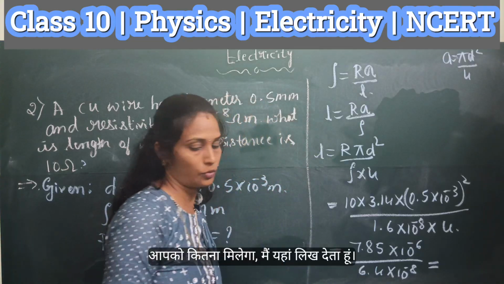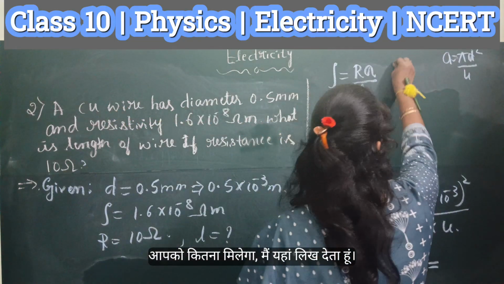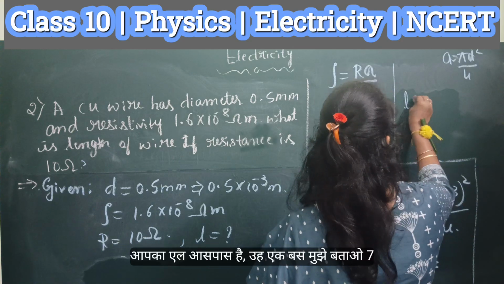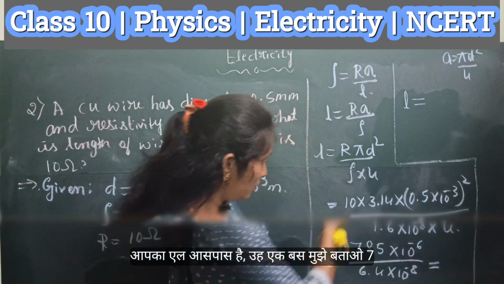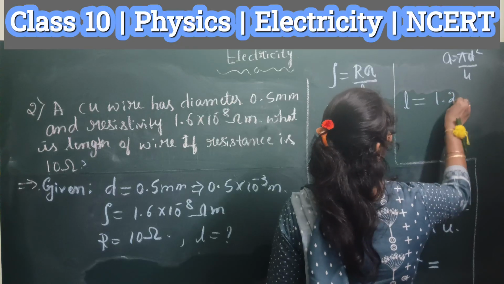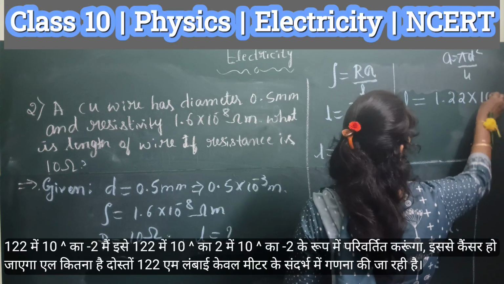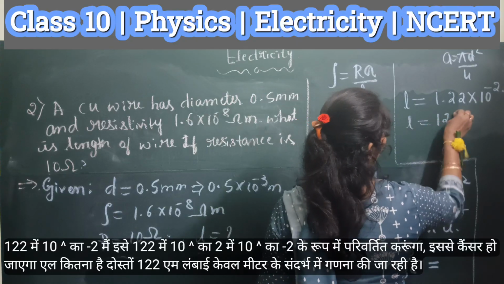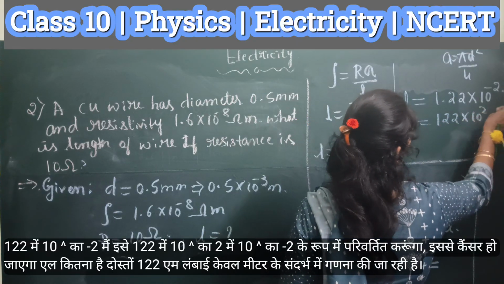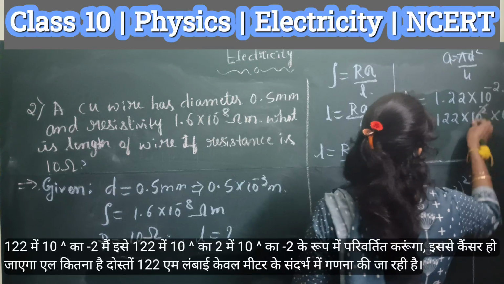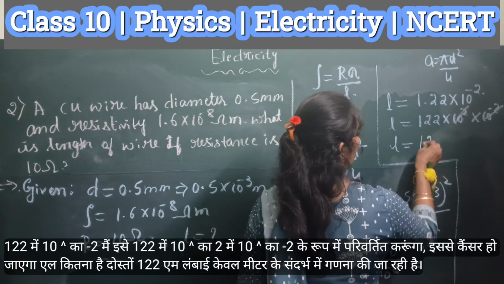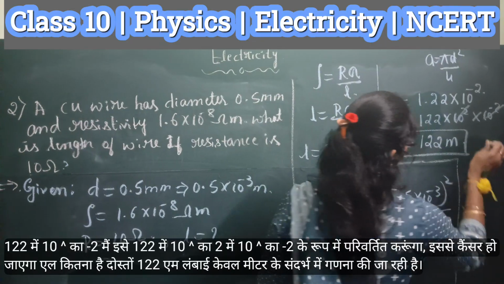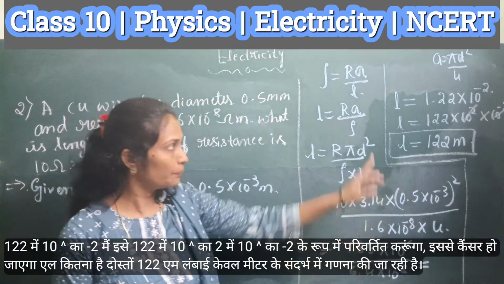How much will you get? Let me write down here. Your L is around 1.22 into 10 to the power of minus 2. I'll convert this as 122 into 10 to the power of 2 into 10 to the power of minus 2. It will get cancelled. L is how much guys? 122 meter. So length is calculated in terms of meter only.